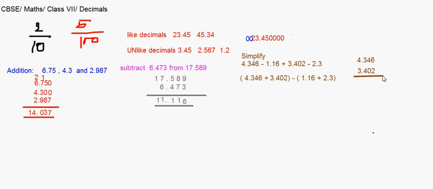If you add them, you get 8, then the 10th place is 4, the 10th place is 7, 100th place was 4, and this is 7. So I'm getting 7.748.